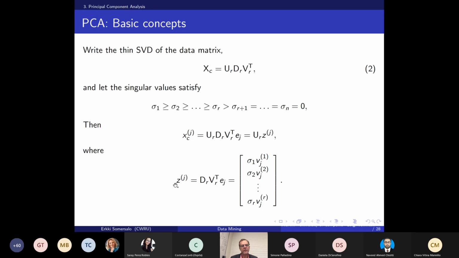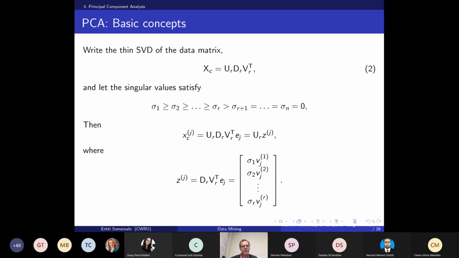So there is a vector cj with r components, and what these components are is not that important. This is not necessarily how we calculate it, but what is important is that if you look at this formula that I've written here, this formula says that the jth column of my centered data, so the jth data point, is a linear combination of the columns of Ur.